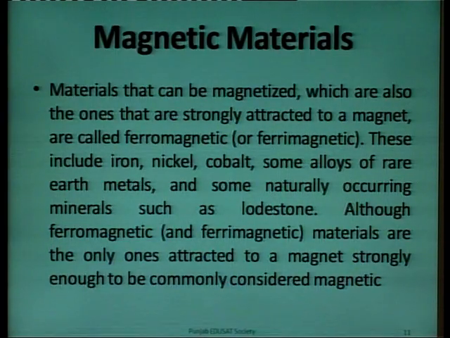Now we are having the magnetic materials. The materials that can be magnetized, which are also the ones that are strongly attracted to a magnet, are called the ferromagnetic materials.